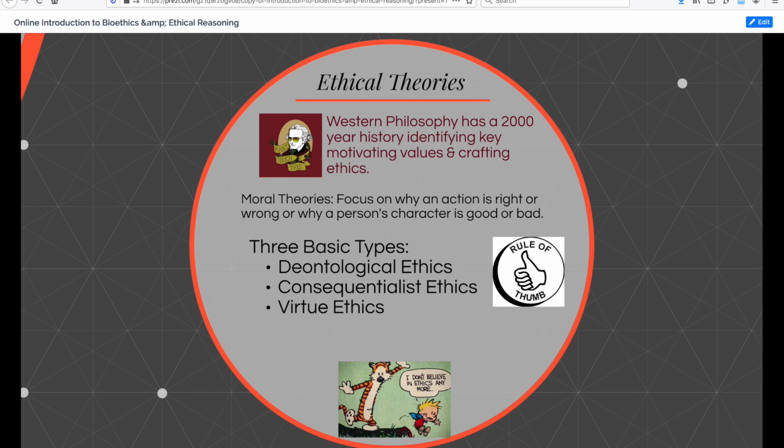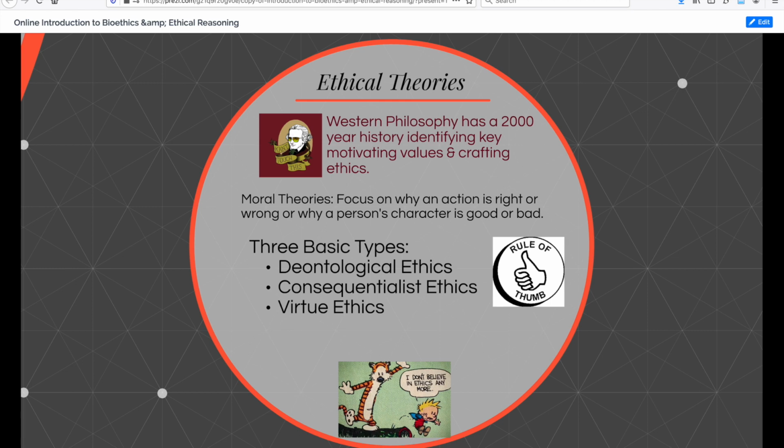So being able to recognize these quickly is an important first step for speaking to, say, a stakeholder's values. So Western philosophy has over a 2,000-year history identifying and motivating values and crafting ethics that are utilized to guide individual and social decision-making.